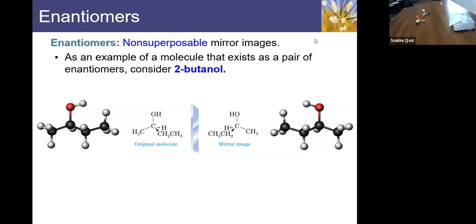Both of them have chlorine, fluorine, bromine, iodine, the same number of the same atoms, and the same connectivity. But I can call these two stereoisomers because they behave differently in 3D space.